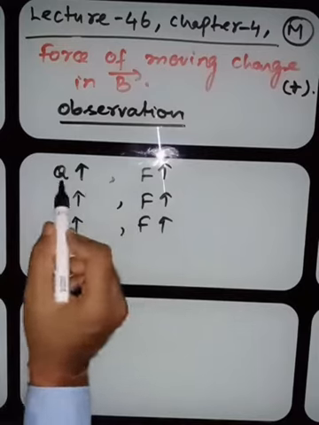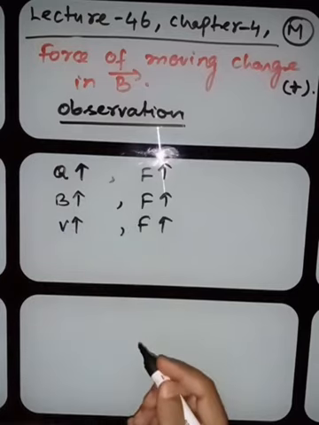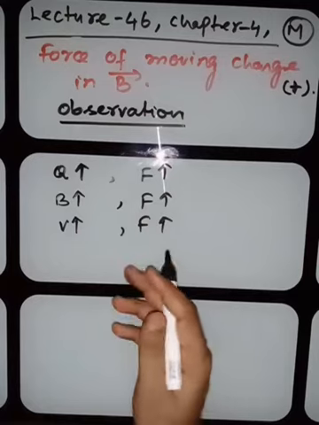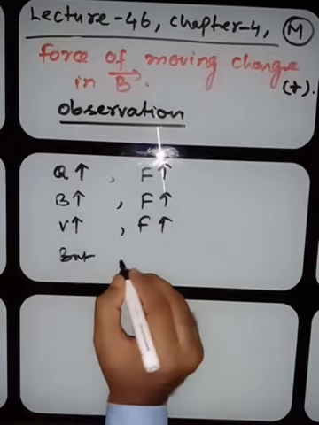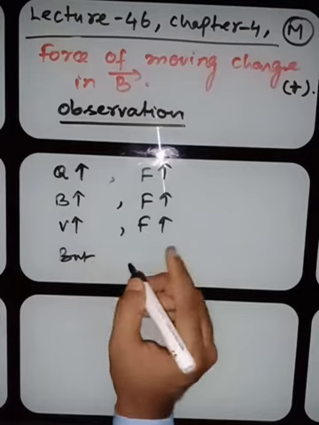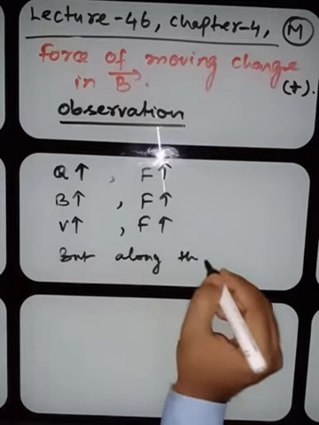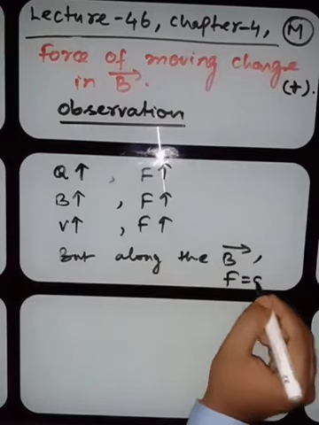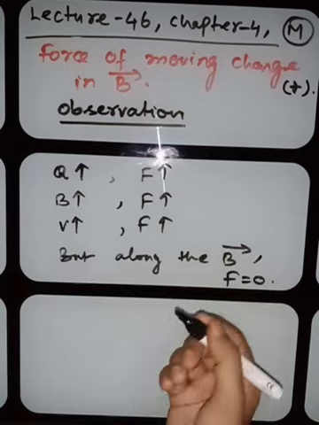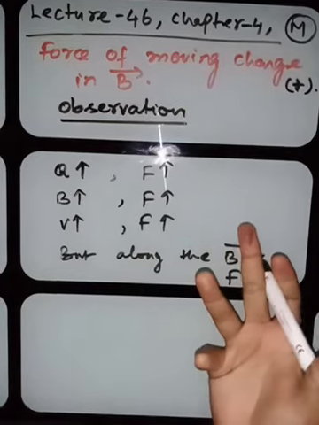F is directly proportional to Q, directly proportional to V. But what we observe is, if the charged particle is projected along the magnetic field, we observe the force is zero. There's no force at all.